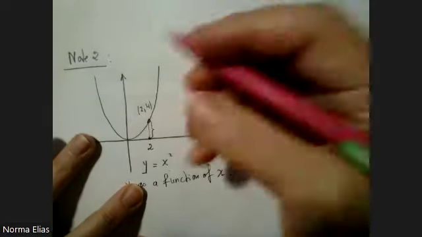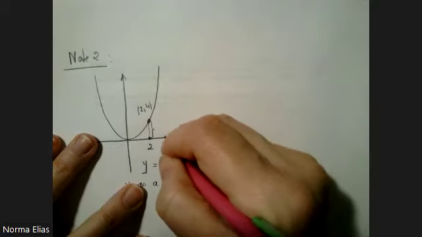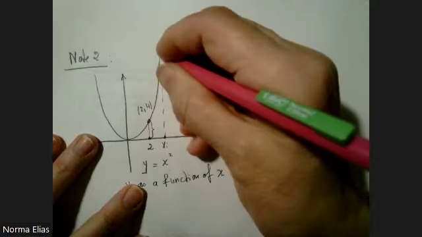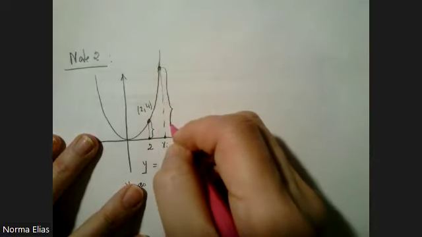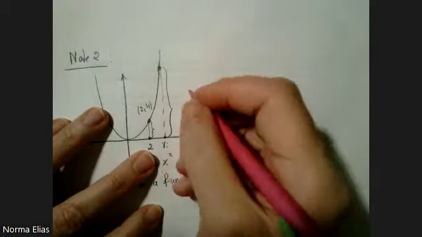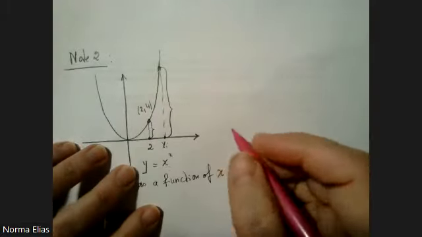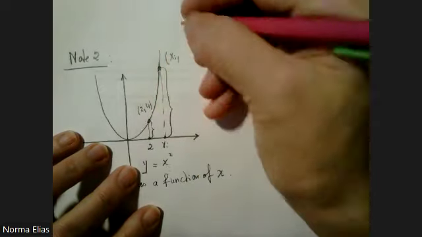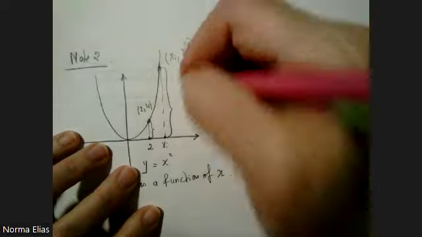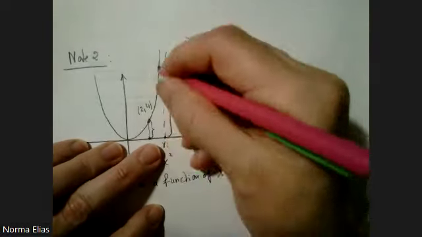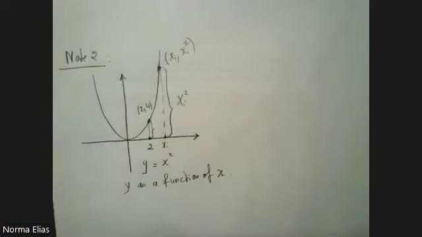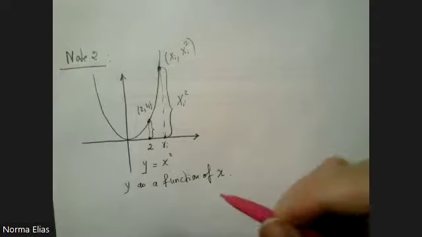When in class I put something like x_i here and go back to the graph, I call this x_i, the second coordinate is x_i squared. It means the vertical distance from here to here is x_i squared. That's really how we base the formula for area between two curves.